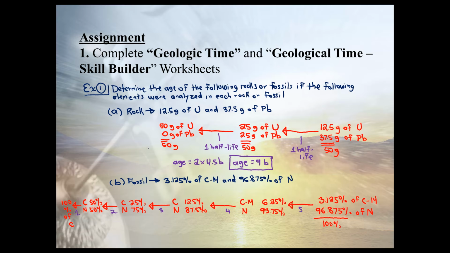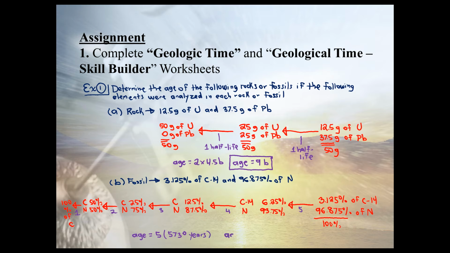5 half-lives have passed. So to figure out the age, what I would do is I would take the number of half-lives, which is 5, and then multiply by, well, how long is one half-life for carbon-14? And I believe that number was 5730 years.